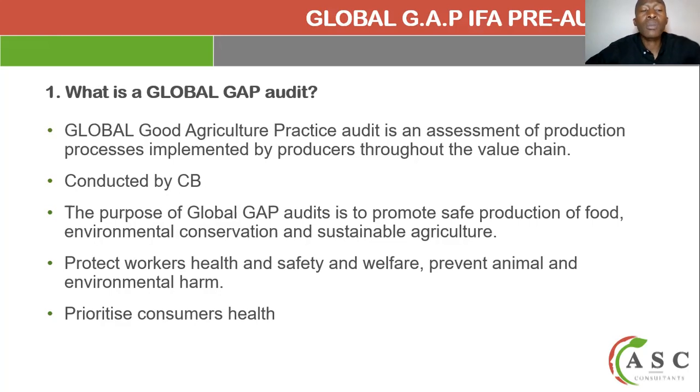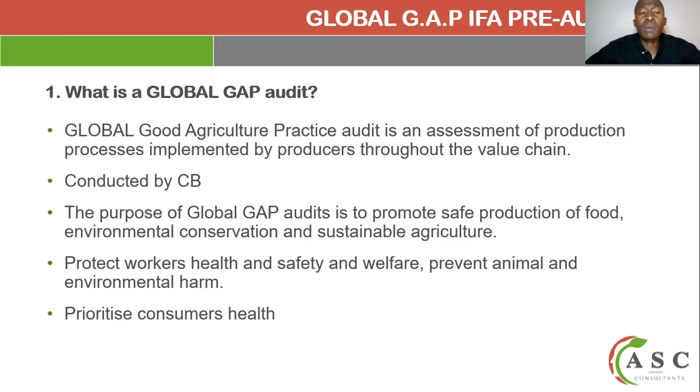They also check the face shield, for example: is the spraying operator provided with a face shield in an event where an MSDS requires them to wear one? Are they also provided with gloves, rubber boots, etc.? Then with regards to prevention of animal and environmental harm, it seeks to limit the use of chemicals as little as possible.